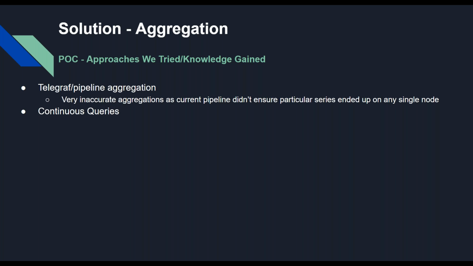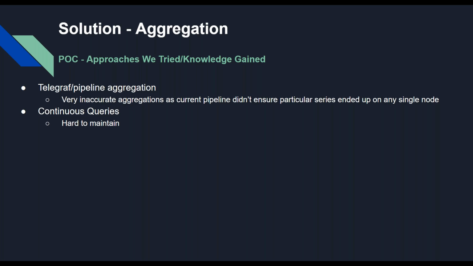Another solution that's available within InfluxDB is the concept of continuous queries. That's where Influx can be running aggregate queries on a regular cadence, on a job that's set to run with a predefined frequency.